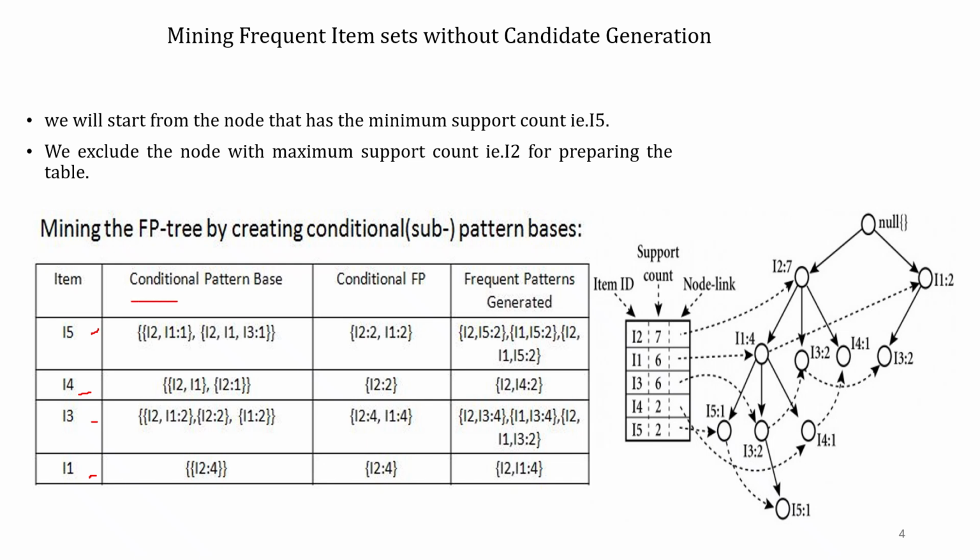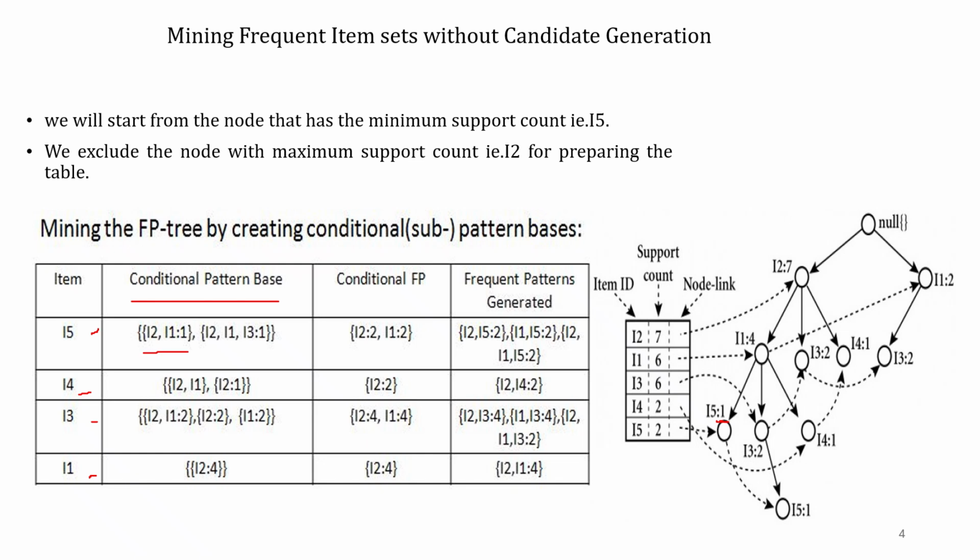Now let me generate the conditional pattern base. What is the conditional pattern base? I'm going to see the paths each and every item has navigated. When you come to I5, this is one path, I2, I1. To reach this I5, it is navigating through I2, I1 with the support count of I5 as 1.